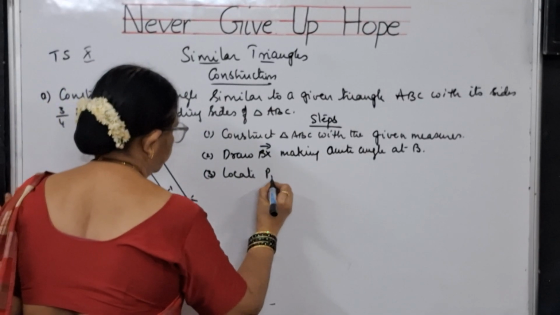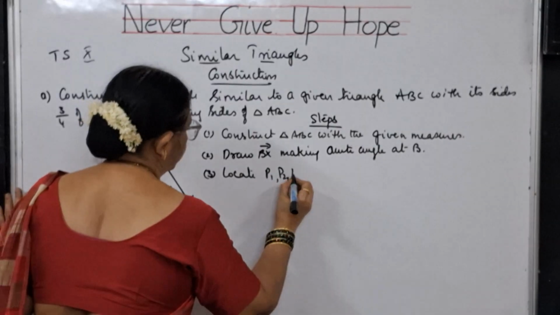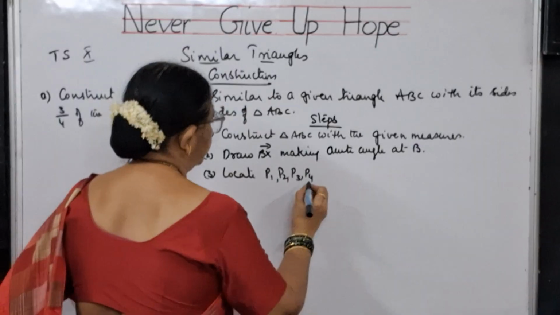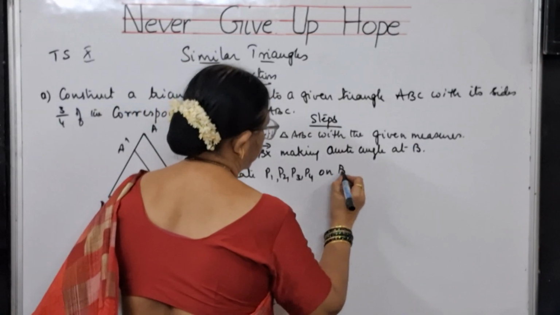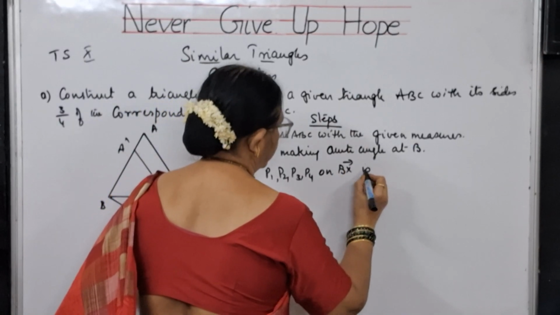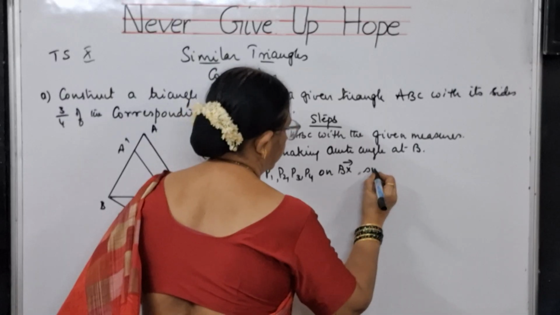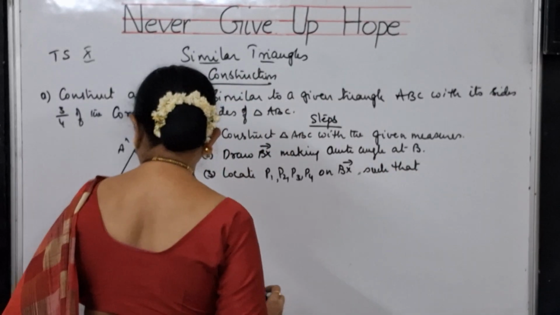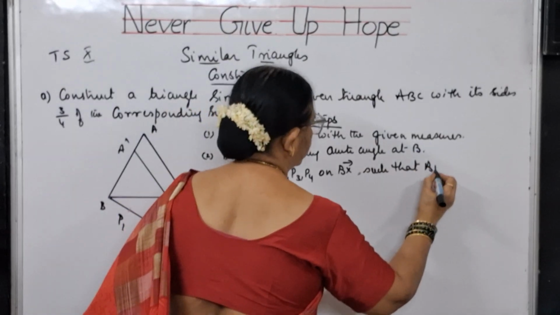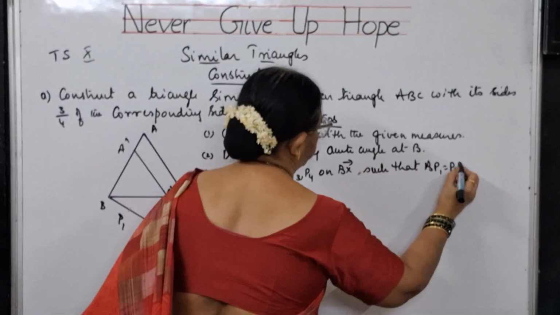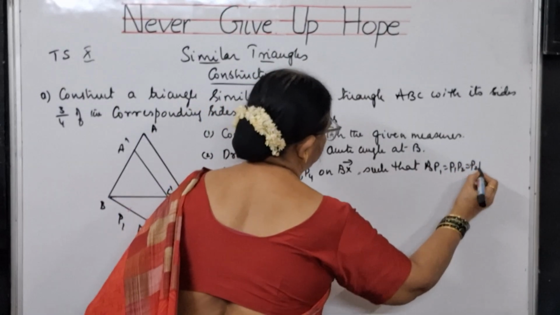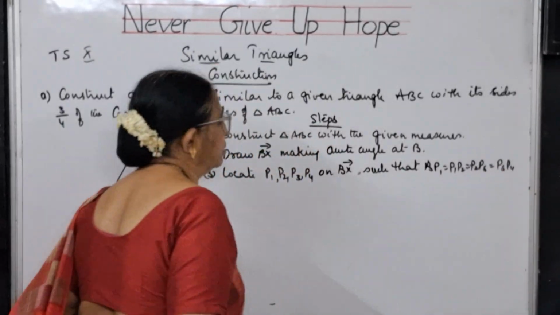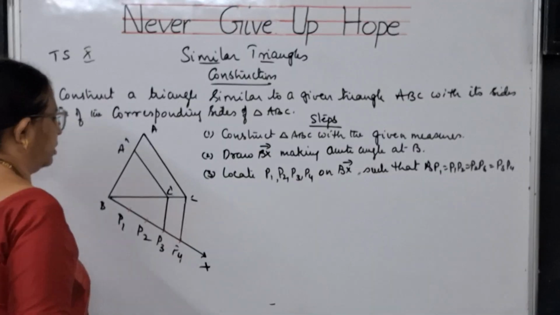Now, third point, locate P1, P2, P3, P4 on BX ray such that BP1 is equal to P1P2 is equal to P2P3 is equal to P3P4. That means all the points are equidistant.